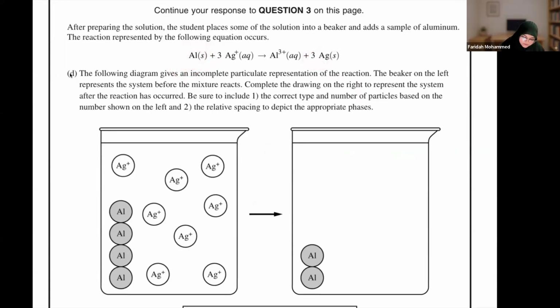I'm going to do a BCA table, but in this BCA table we only use whole numbers because we have to draw. So aluminum is 4. Ag plus is 1, 2, 3, 4, 5, 6, 7, 8. And then this is 0. Which is your limiting reactant? If you divide this by 1, you divide this by 3.